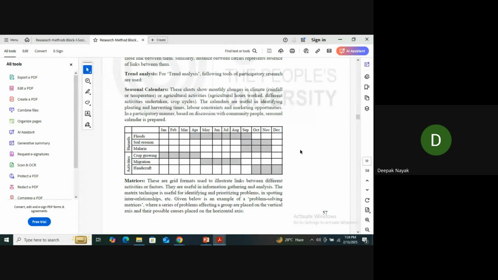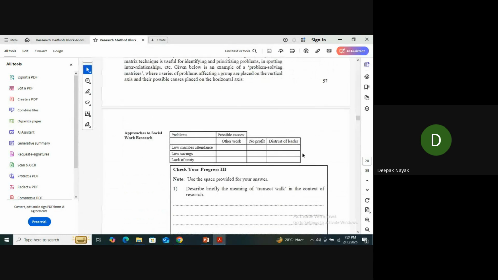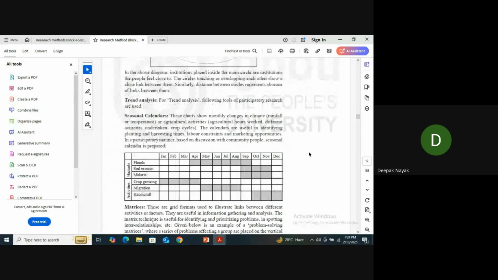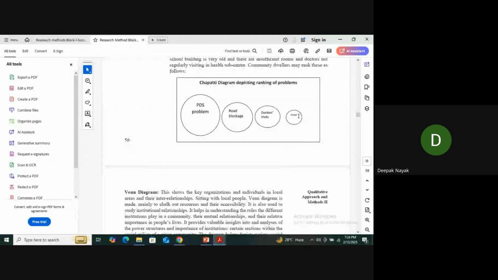So their activity calendar can also be done under participatory rural appraisal. There are many other things to be done in participatory rural appraisal. These are the basic things, how you can understand the entire picture of a rural community in different ways.